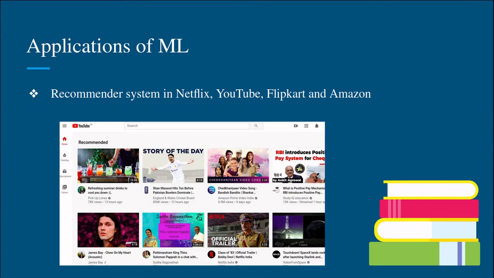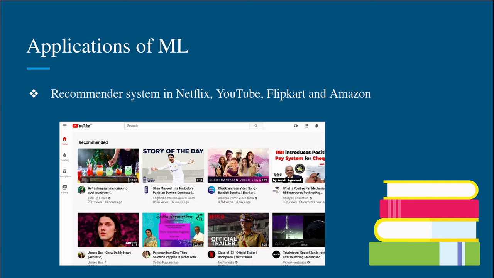Now, what are the applications of machine learning that we see in our daily lives? I already gave you the example of Netflix, which uses a machine learning algorithm to recommend new movies. Even YouTube, Flipkart, and Amazon also use this recommendation system. Let's say if you buy some products, it says you might be interested in some other products as well, or sometimes it shows a list of products people bought with the product that you are buying.